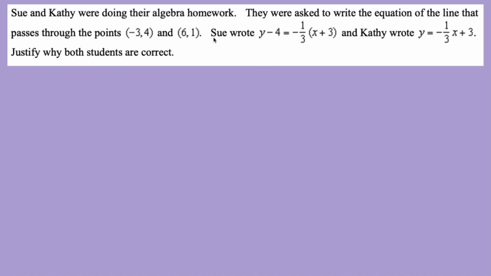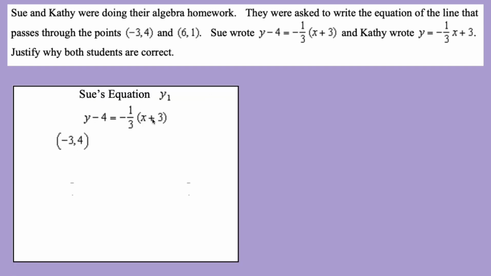So we're just going to substitute these coordinates, both of them, into these equations. We'll start off with Sue's equation, and we're going to start with the first coordinate. So we're substituting the y value for y and the x value for x.